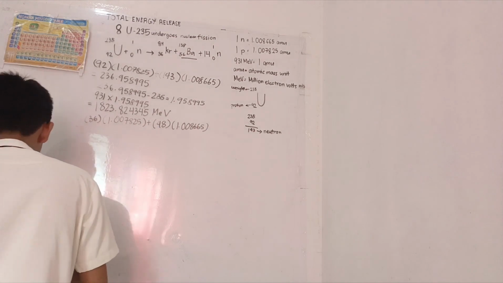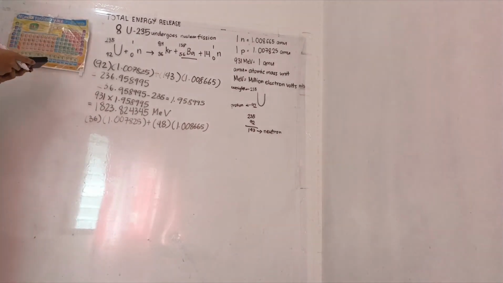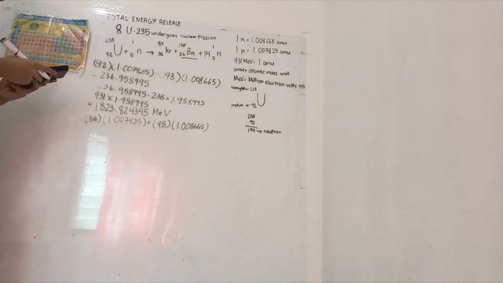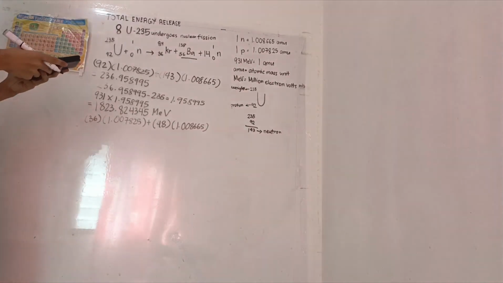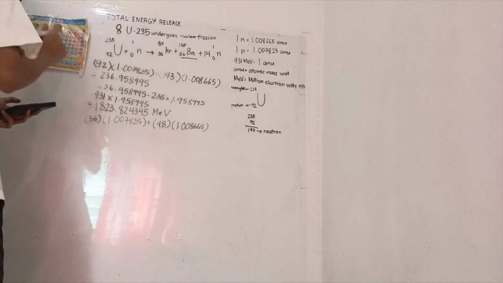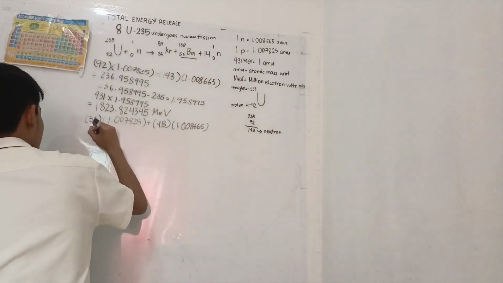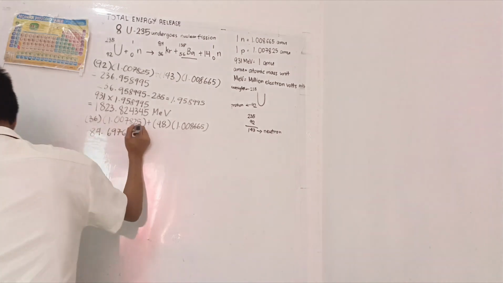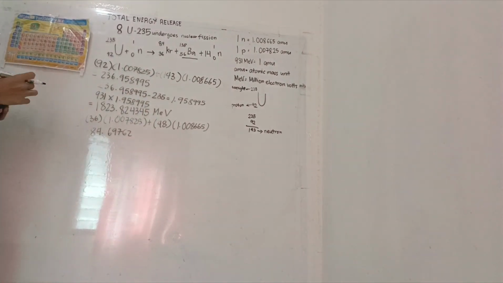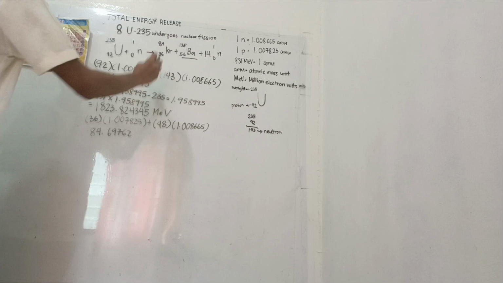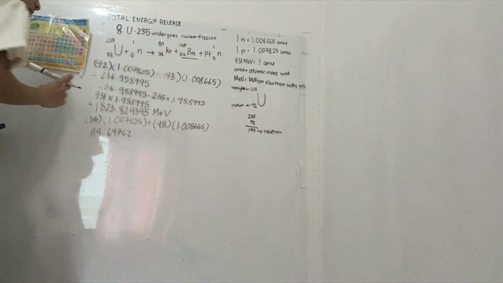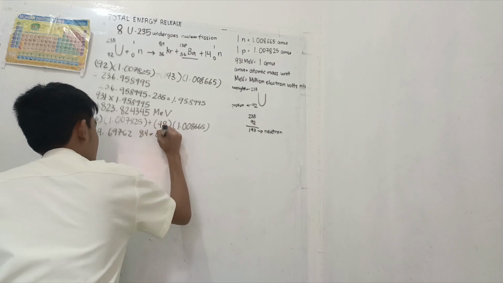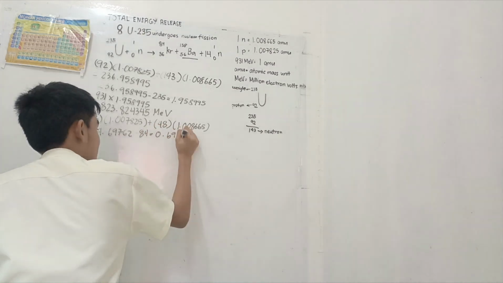Now, solve natin siya, plus 48. Now, ang sagot ay 84.69762. Ngayon, hindi pa yun yung pinakasagot, dahil isasubtract na natin siya sa kanyang actual atomic weight. Lalabas ay 0.69762.